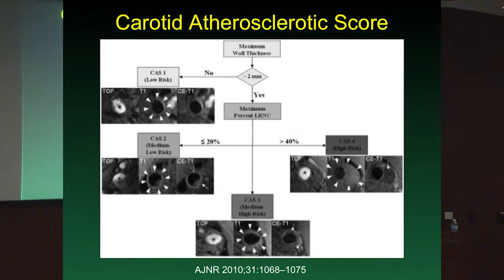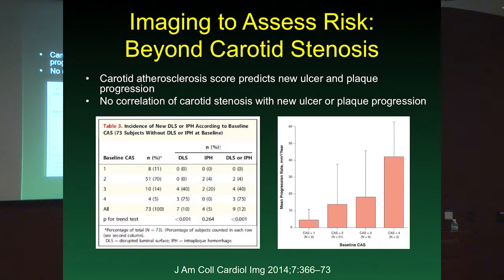So what we've done is applied that score prospectively in a couple of different studies and nicely showed this increased plaque progression. The more you got, the more you got. So the CAS4s with big plaques continue to progress very rapidly, and the patients that have a CAS score of 3 or 4 at baseline were the ones who went on and developed new ulcerations or new intraplaque hemorrhage, and in a study not yet published also had new stroke and TIA.